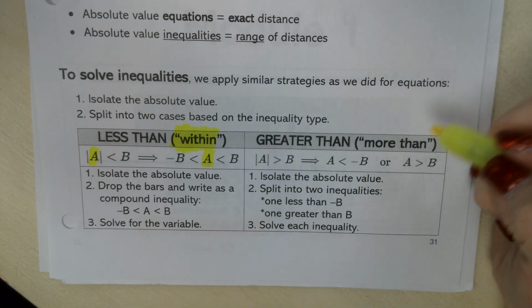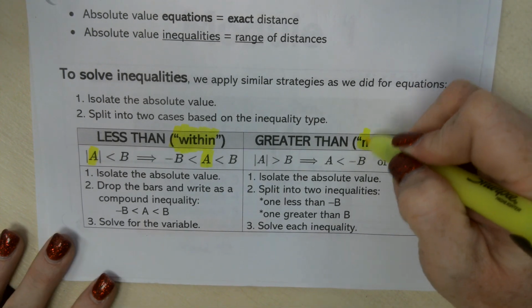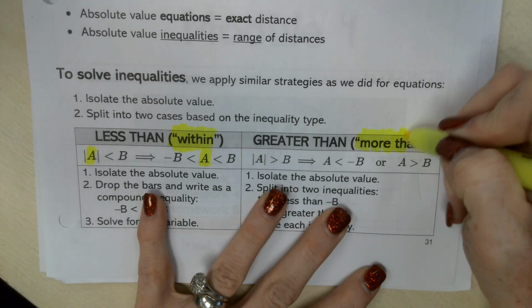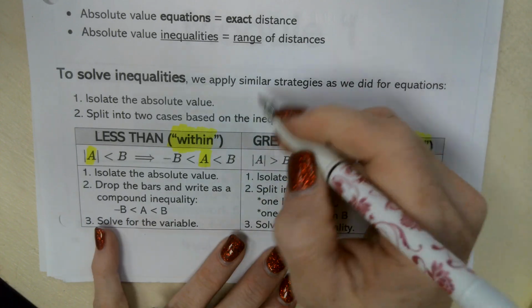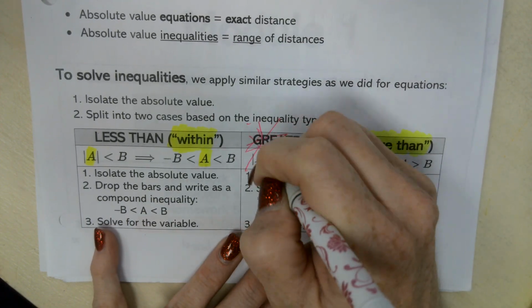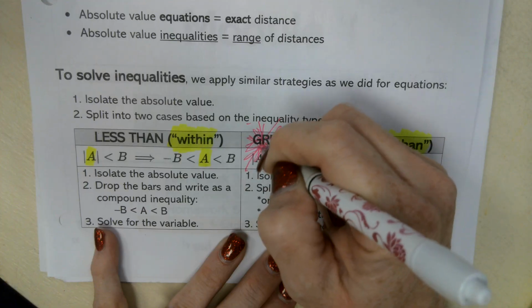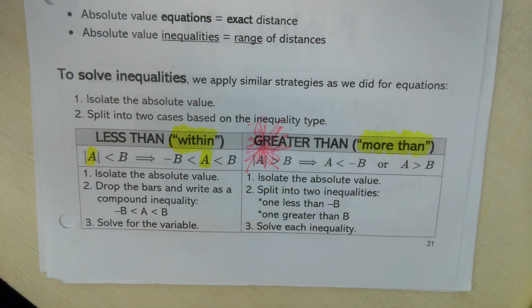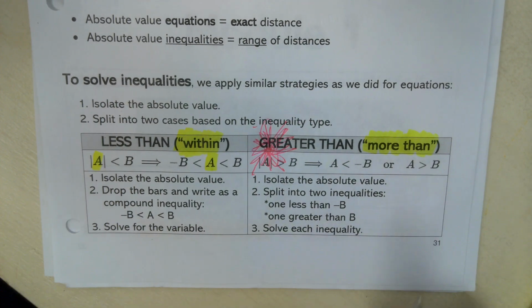But if it's greater than, okay, we have to split this up. And this is a little bit tricky, so I'm going to put a star here. You need to make sure that you look back to this as a reference, okay? All right, I want you to look at what my signs do right here.